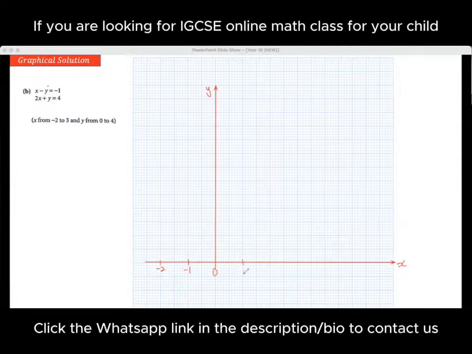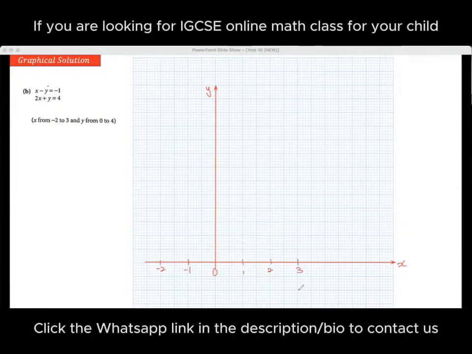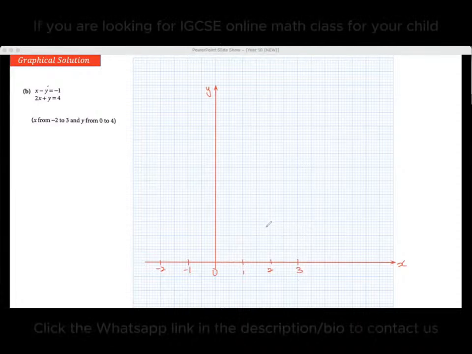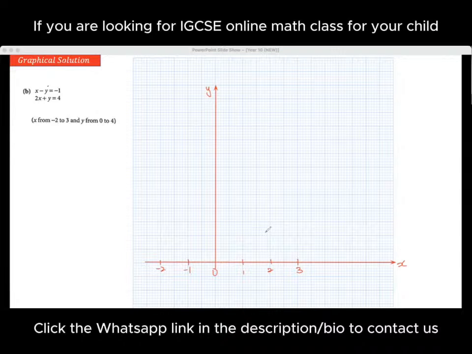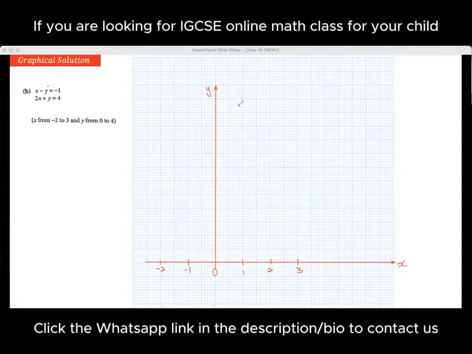Then 1, 2, 3. Try not to squeeze a few graphs into one page. If the question asks you to plot it in the graph, just one graph, one page. So it'll be easier for you.